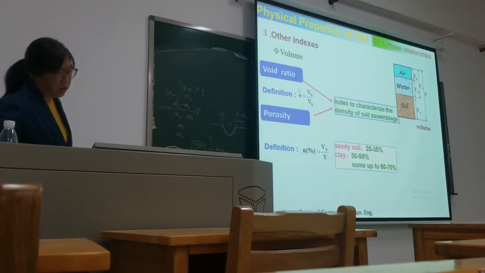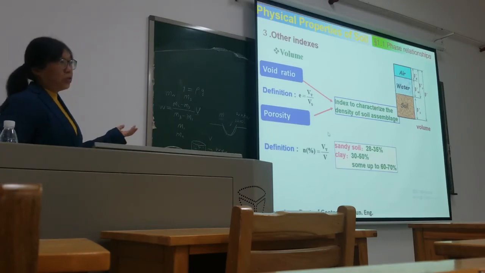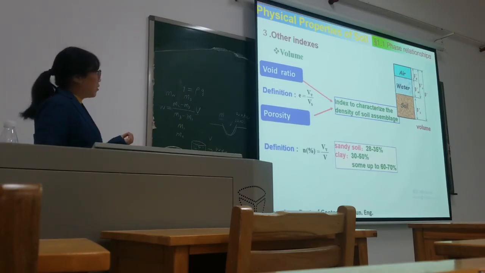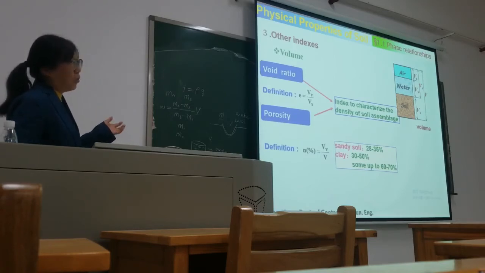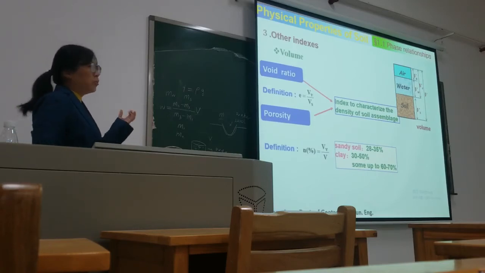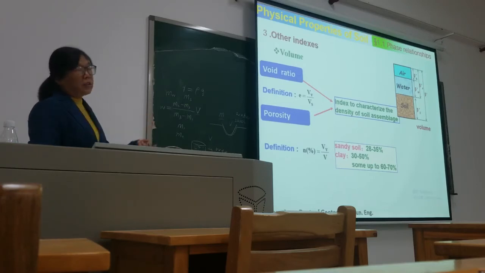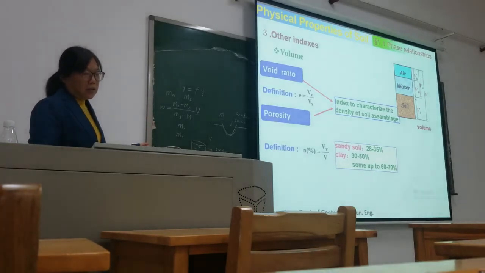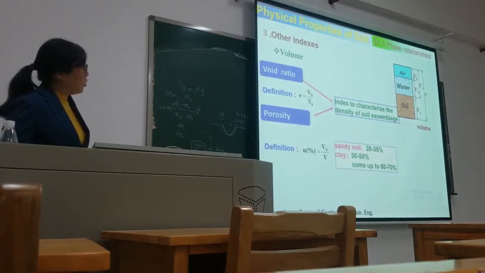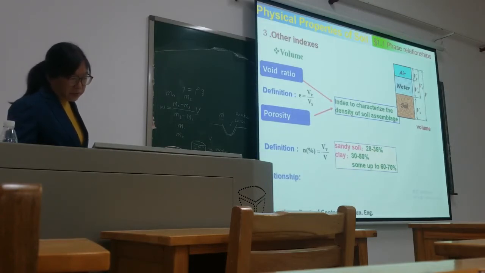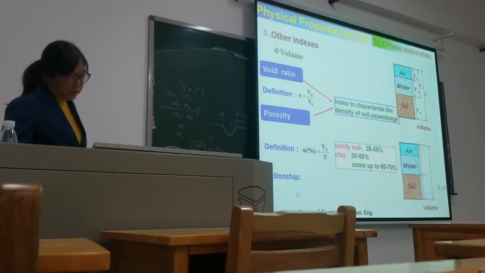Void ratio and porosity are used to evaluate the condition of soils. Maybe it's loose or it's dense. Okay, use the void ratio or porosity, and its relationship.